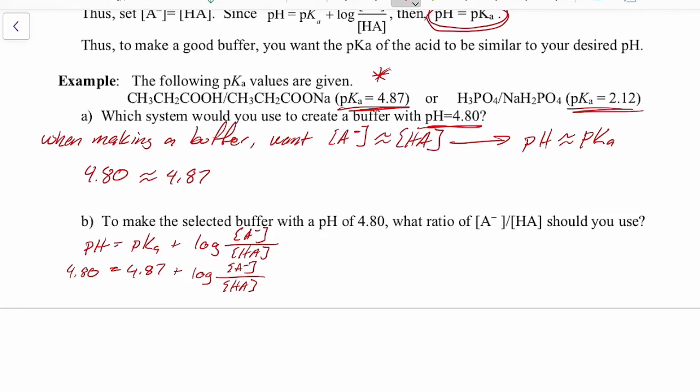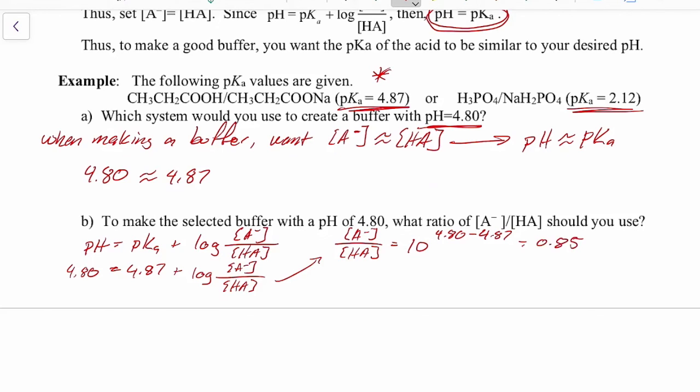So when you solve this, our ratio of the base to the acid, A minus over HA, comes out to, since these are all log base 10, to get rid of that log, we just do 10 to the 4.80 minus 4.87, which comes out to 0.85.